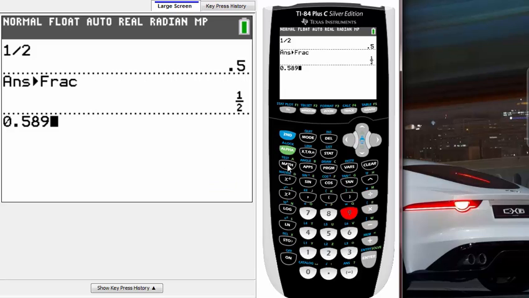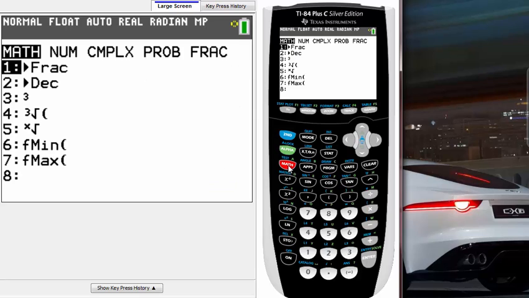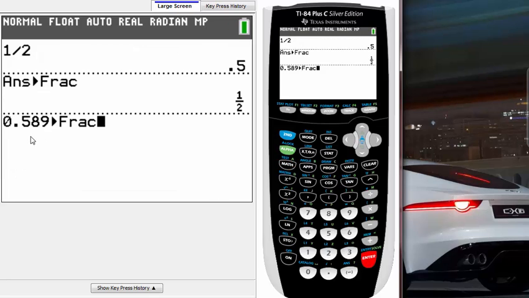So I hit math, and since I want to know the fraction, I highlight the first one and hit enter. Notice on the left side of this triangular shape, I now have the number that I wanted to change. Once you do that, just hit enter, and you will see 589 over 1000. And this answer should be in the simplest form.